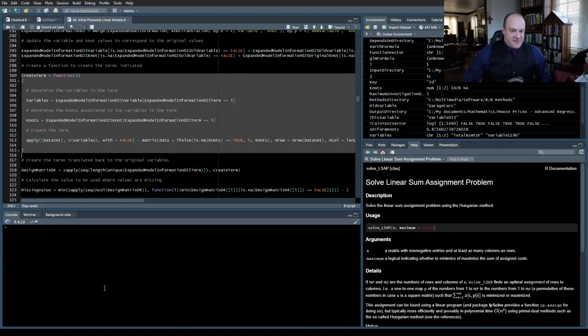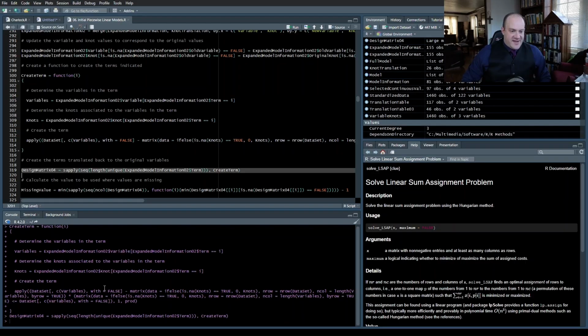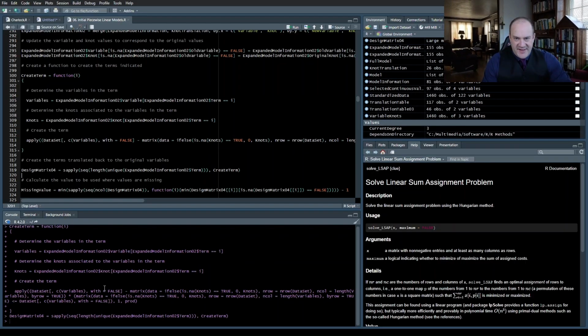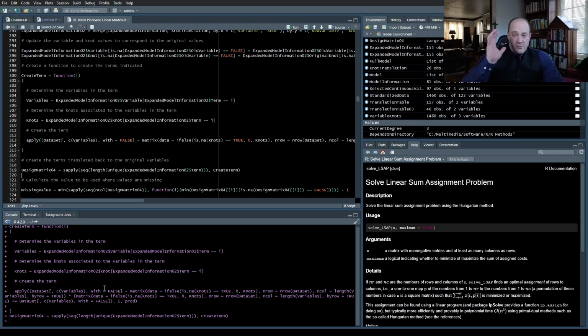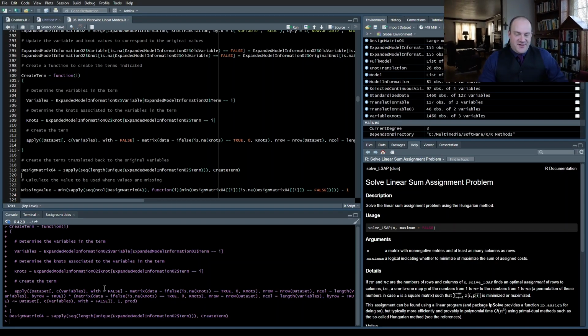So, the create term function. And so what is design matrix 4? Mars gave us knots on our transform variables. We translated those knots. Now we've created piecewise linear functions using the raw variables. So now we're going backwards so that we can get, like I said, an explicable model, a model in terms of the raw variables, a model in terms of year built, a model in terms of square footage, not a model in terms of variable 37.